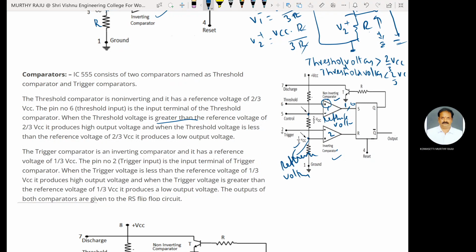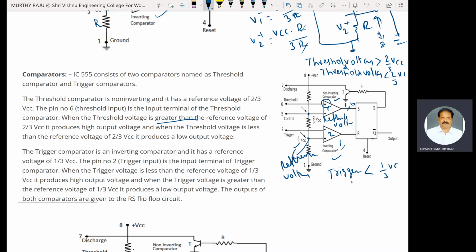When the trigger voltage is less than 1/3 VCC, it produces high output voltage, because 1/3 VCC is connected to the positive terminal. The trigger voltage or trigger pulse is connected to the negative terminal of the inverting comparator.